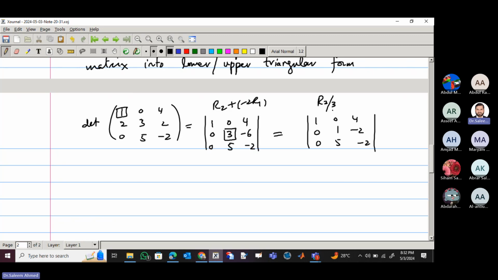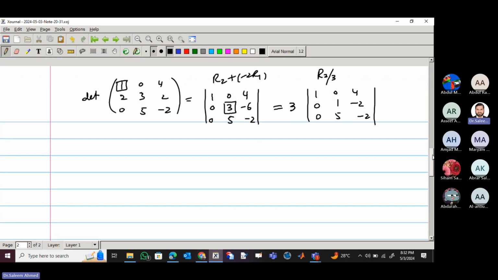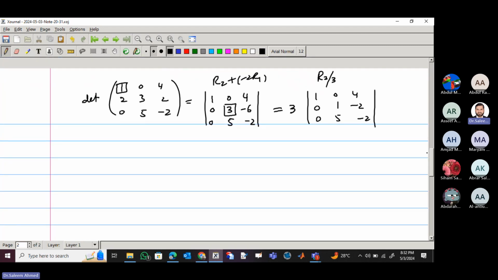But in determinant, when you divide some row or column by 3, the whole determinant gets multiplied by 3 to adjust it. Okay, so basically, we took 3 as common from row 2. So 3 comes outside, it becomes 0, 1, minus 2. Okay, in matrices, we don't write 3 outside, but in determinant, you have to adjust.